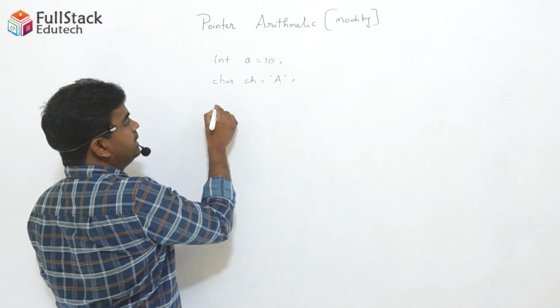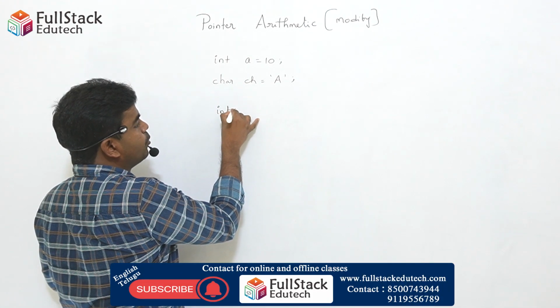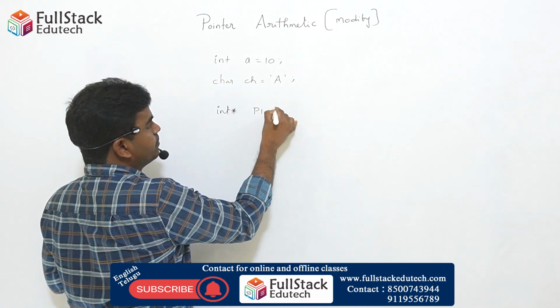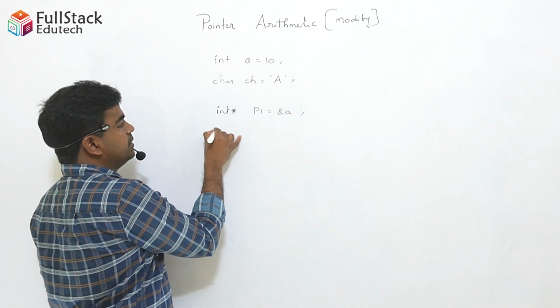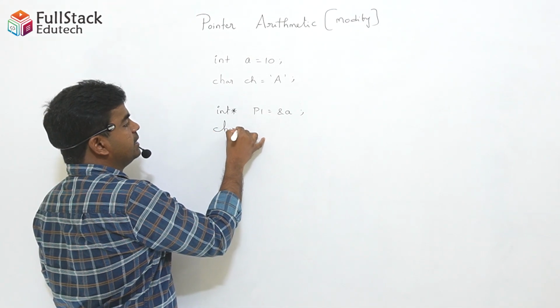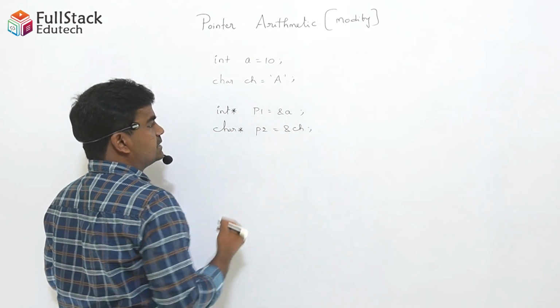Now, here we are creating one integer pointer variable P1 that holds the address of a. Next one, character pointer P2 that holds the address of ch.